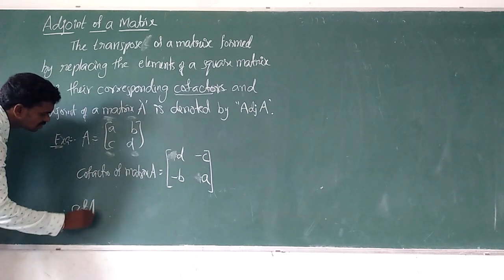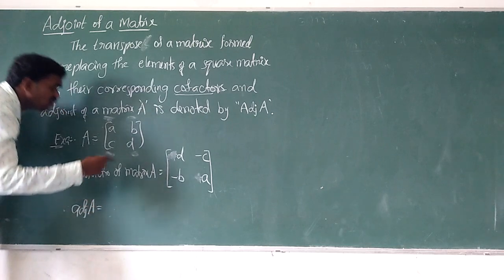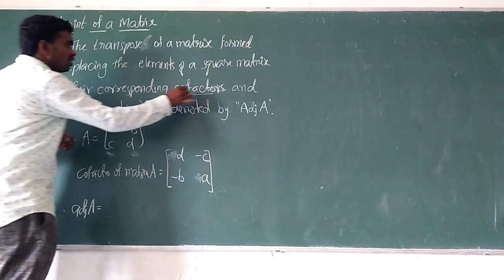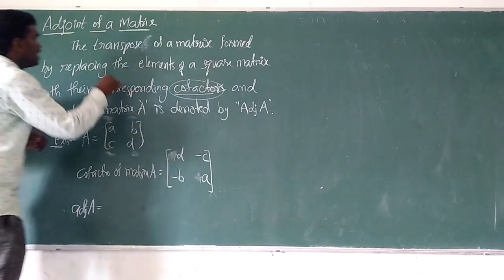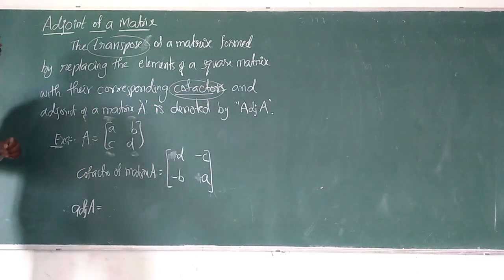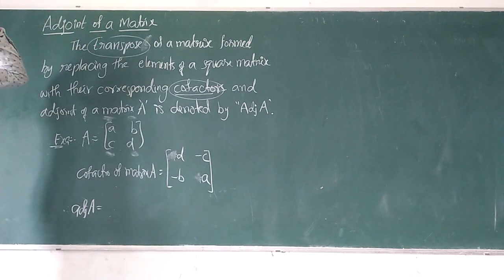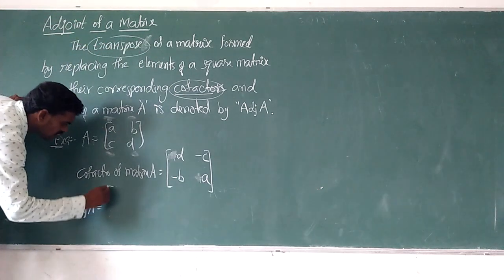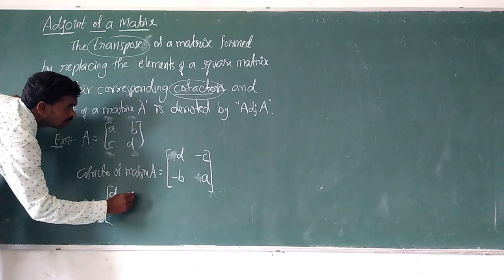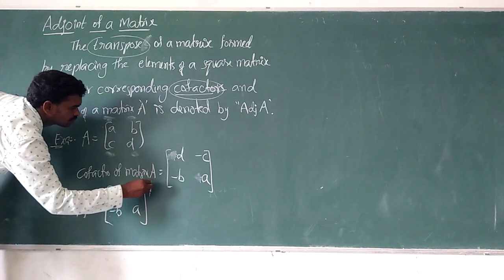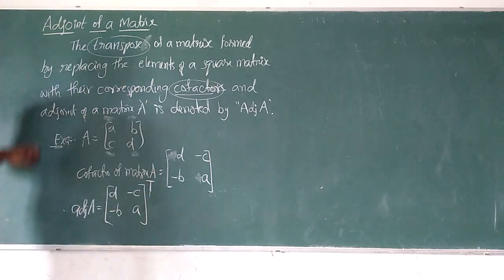Then adjoint A is called the cofactor matrix transpose. First of all, find the cofactors, then transpose. So the cofactor matrix transpose is adjoint A. Very simple. So adjoint A equals d, minus c, minus b, a whole transpose. What is transpose?